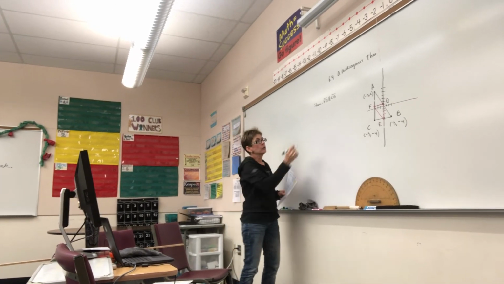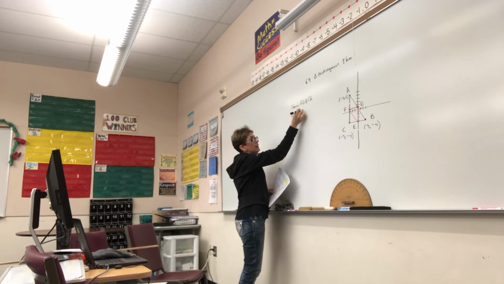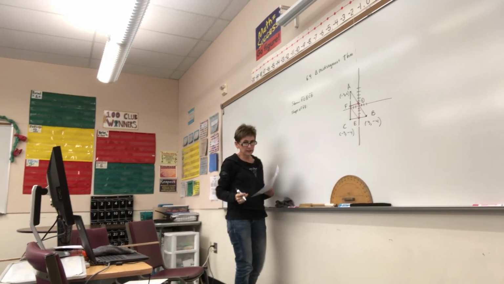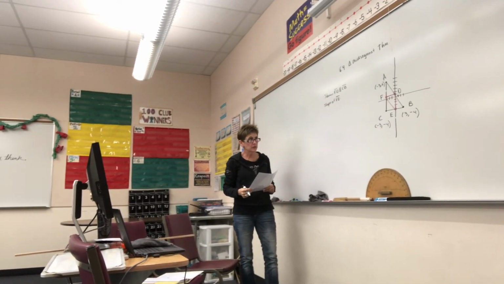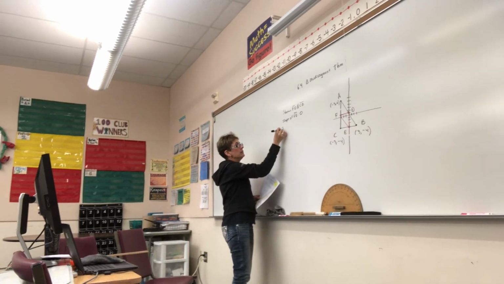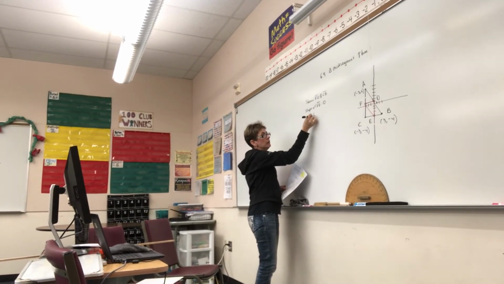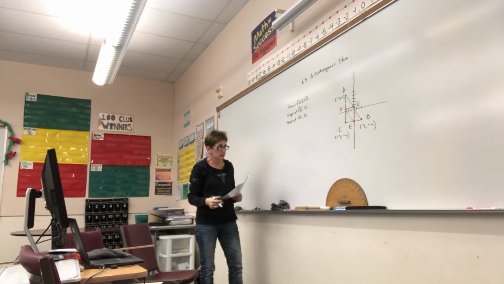CB. So what we need to note is that the slope of FD is what? What is the slope of segment FD? It's a horizontal line, so the slope should be 0. And then the slope of CB is also going to be 0.